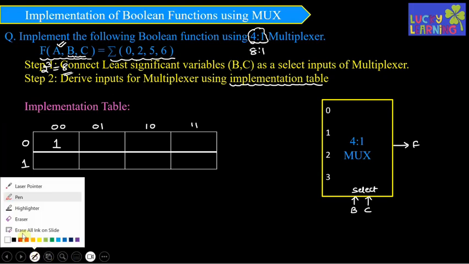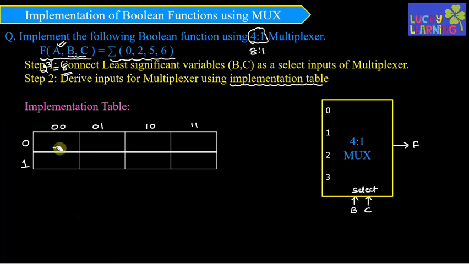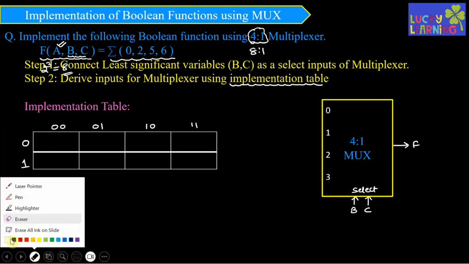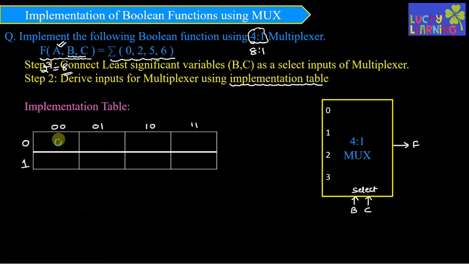So for better understanding, I'm trying to represent the number of the minterm. This is minterm 0, this is 1, this is 2, this is 3. Why? Because 0, 1, 1 is 3. 1, 0, 0 is 4, 1, 0, 1 is 5, 1, 1, 0 is 6, 1, 1, 1 is 7. And do remember, it is not a K-map, it is called an implementation table.